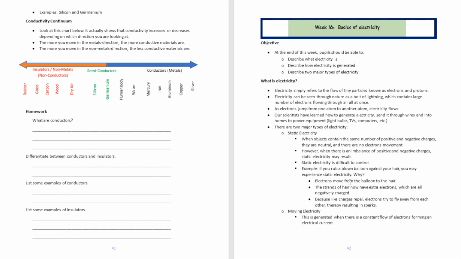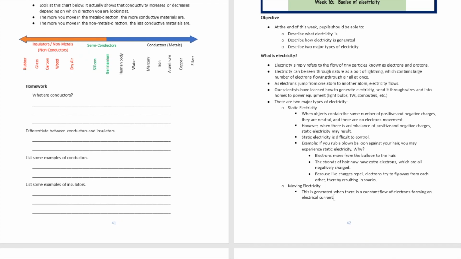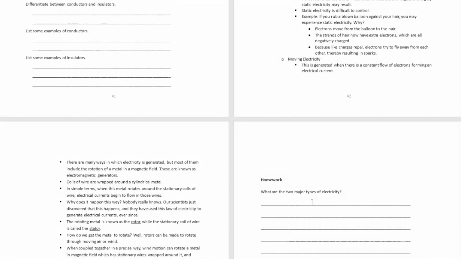Because electrons move from the balloon to the hair. The strands of hair now have extra electrons, which are negatively charged. Because these charges repel, the electrons try to fly away from each other, thereby resulting in a spark. Moving electricity is generated when there is a constant flow of electrons forming an electrical current.